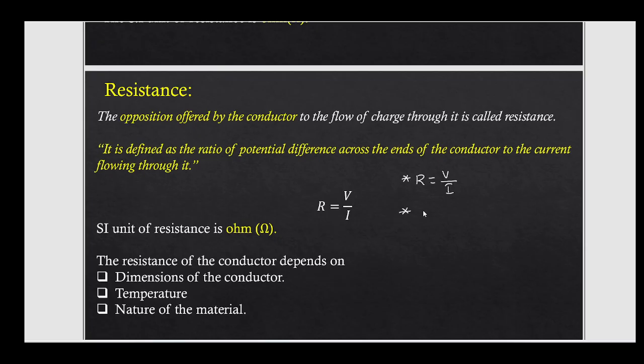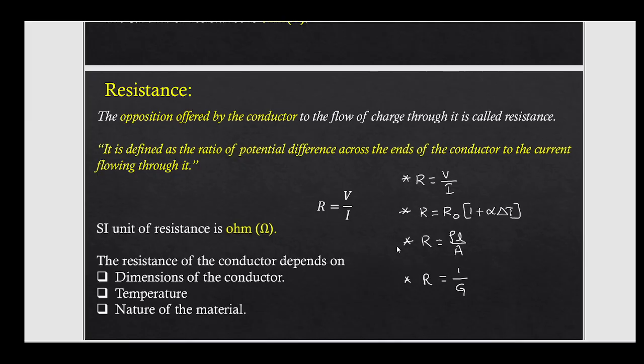Also, in terms of temperature, resistance is given by R is equal to R naught into 1 plus alpha delta T. Also, resistance is given by rho L by A, and resistance is the reciprocal of conductance.